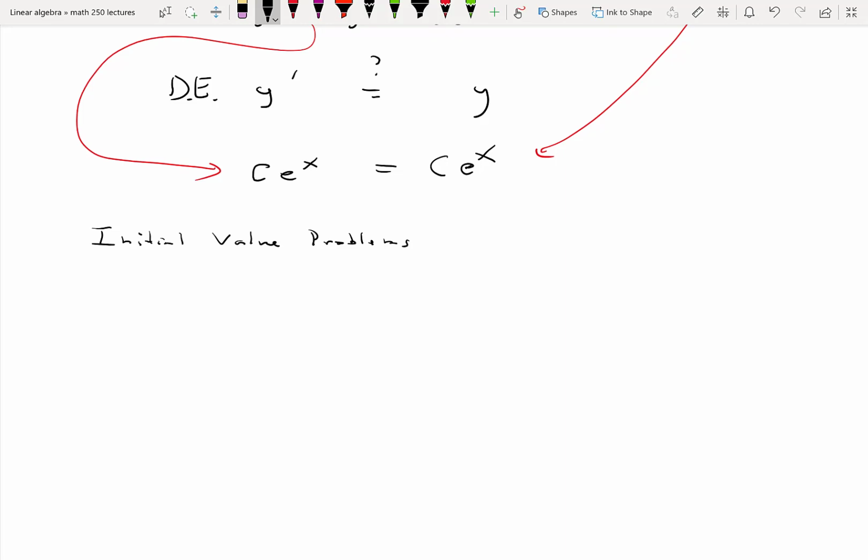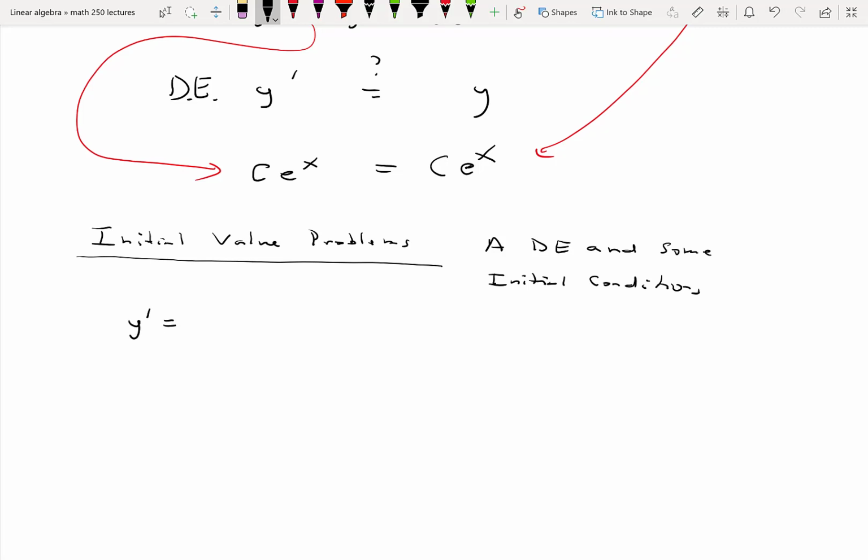They contain a differential equation and some initial conditions. So for example, y prime equals 2x is a DE, with y of 0 equals 1. So there's a DE plus an initial condition.